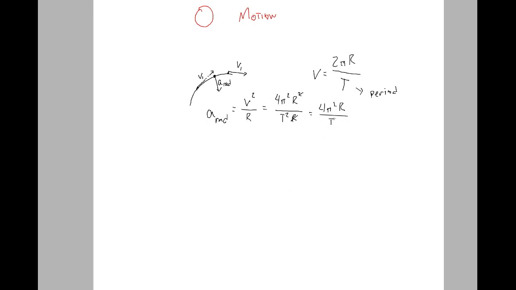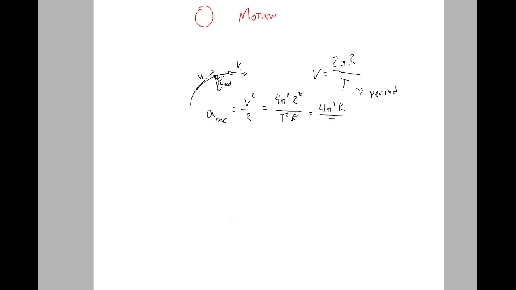Now, we know from Newton's second law that if we have a net acceleration, then there must be a net force. Well, that force is also directed in the same direction as your acceleration.